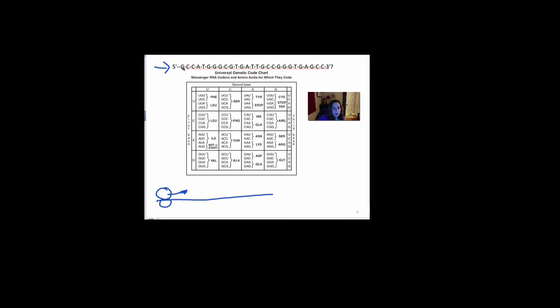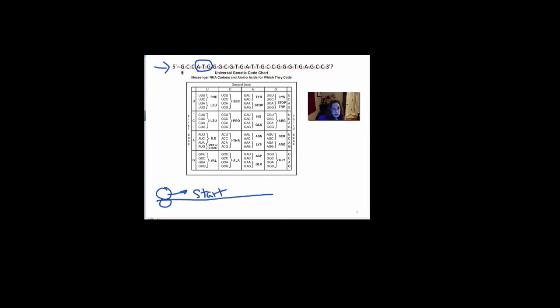A ribosome, here's the rule, is not going to start translating until it gets to a start codon. It needs a start codon to begin translating.